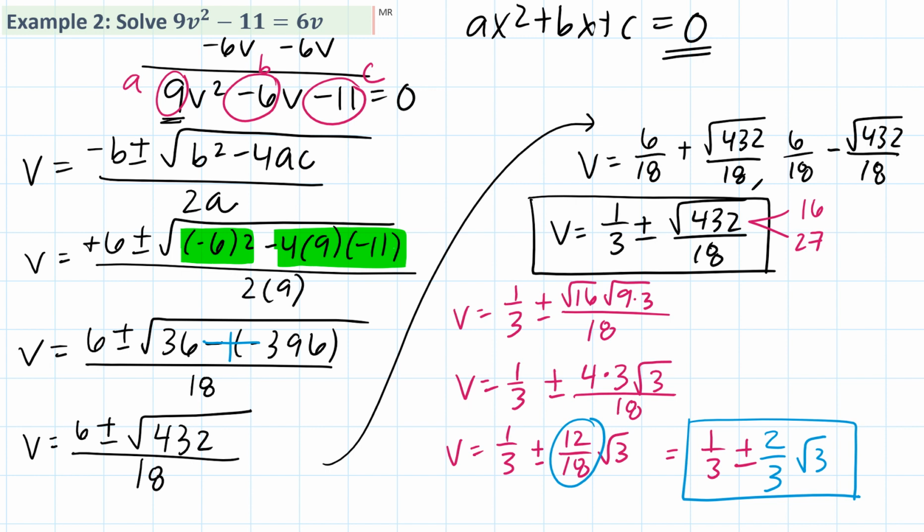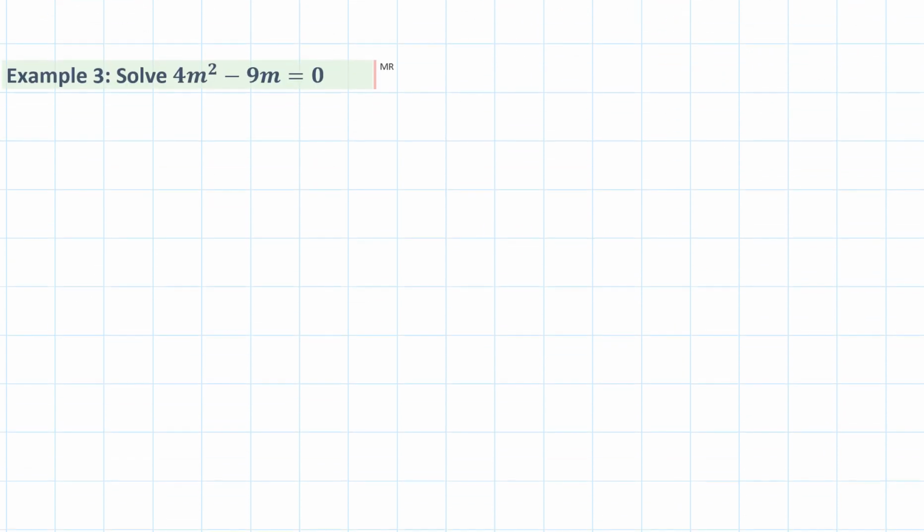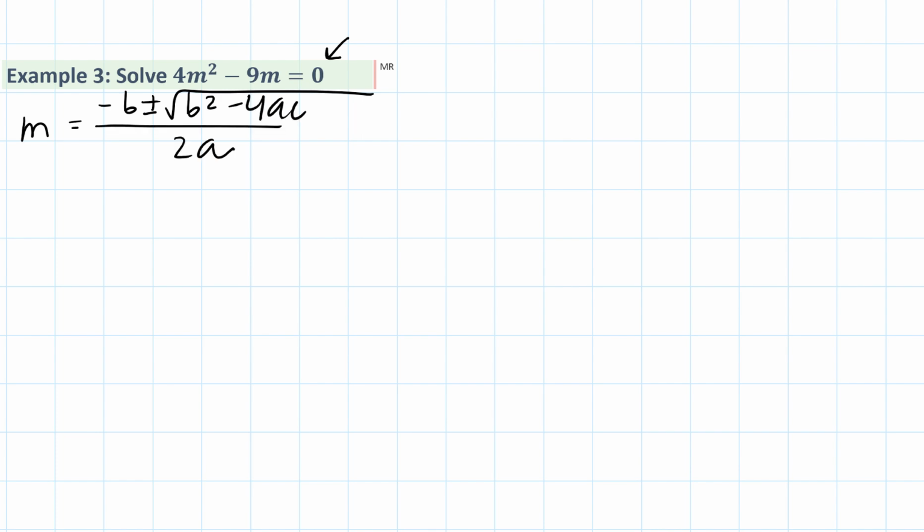Okay, fine. One more example. Let's take a look at 4m squared minus 9m is 0. If we use the quadratic formula, we're ready to go because it's already equal to 0. So m equals negative b plus or minus the square root of b squared minus 4ac all over 2a. And we can substitute.